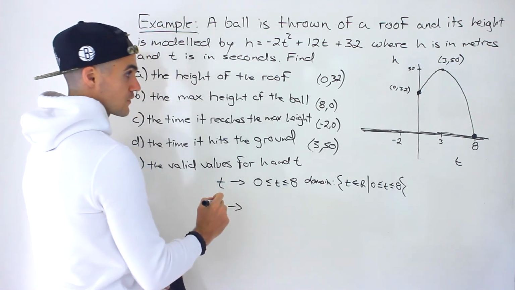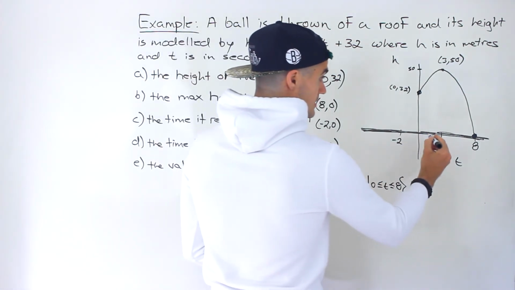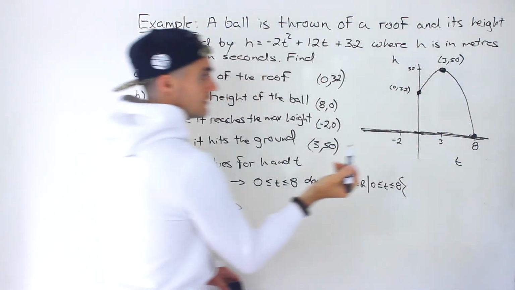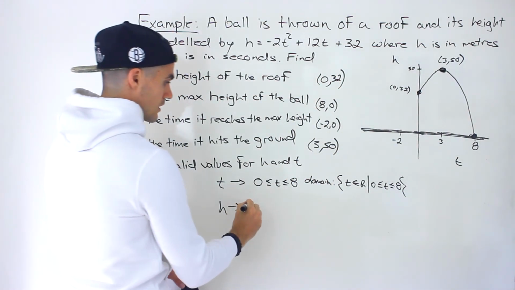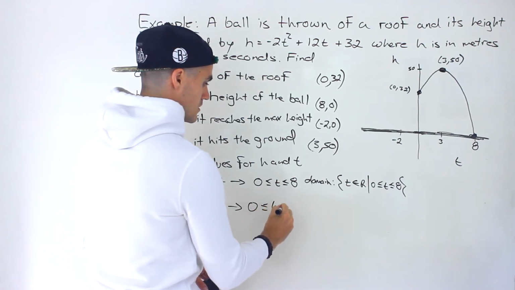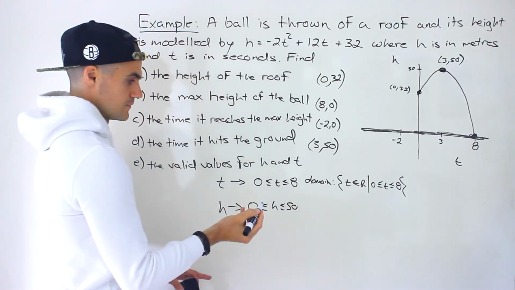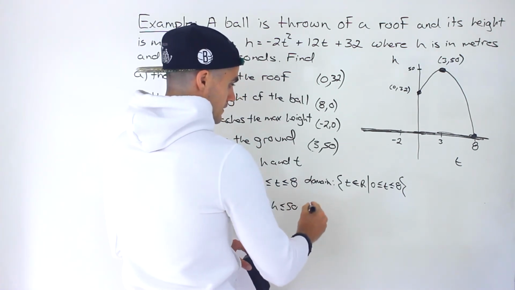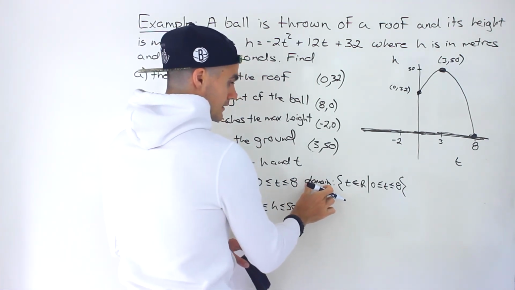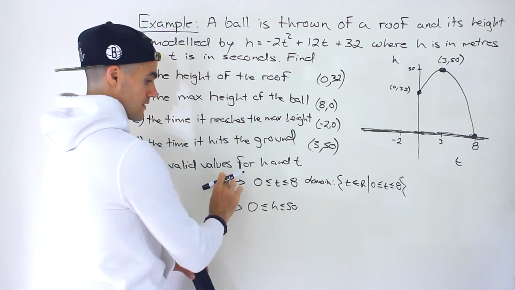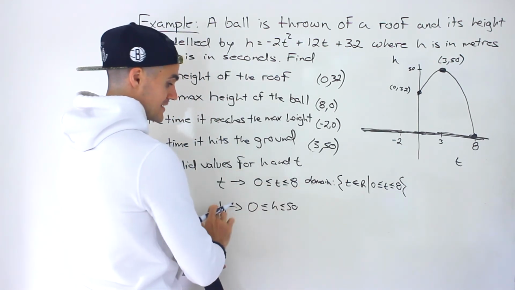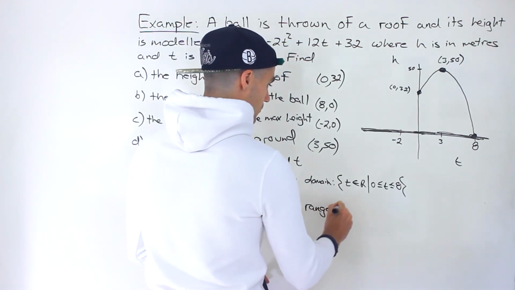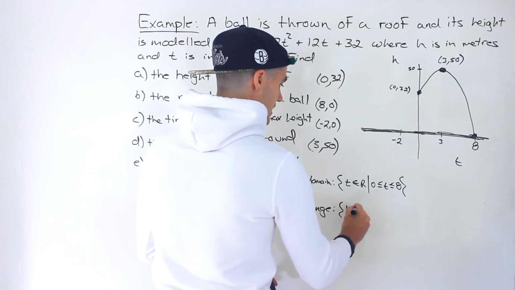What are the valid values for h? Well, notice the height can go from 0 to 50, right? The height can't be negative. So the height can be from 0 to 50, right? So those are the valid values for h. The name for the valid values for the dependent variable is called the range. So that would be basically h is an element of real numbers.